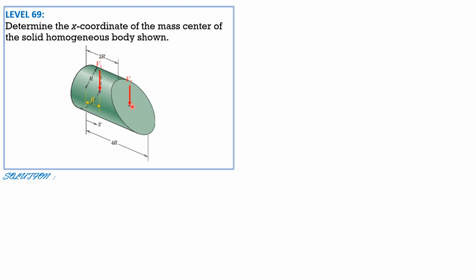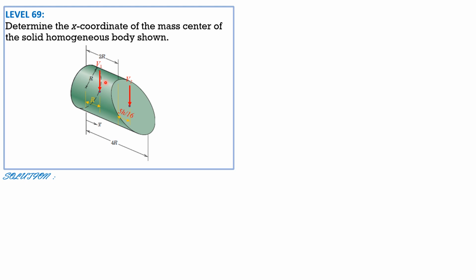Then the volume is, remember, pi r square h over 2. And this distance is 5 over 16 of h, where h is the height of the truncated prism, which is 4r minus 2r. So it was y, but here it's x bar, it's the same. You just imagine that this is the y direction also.